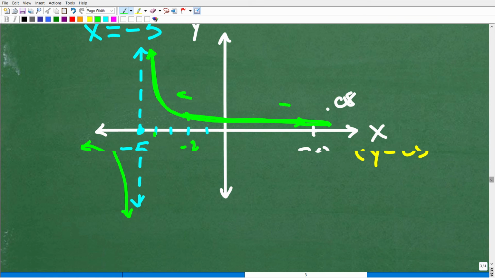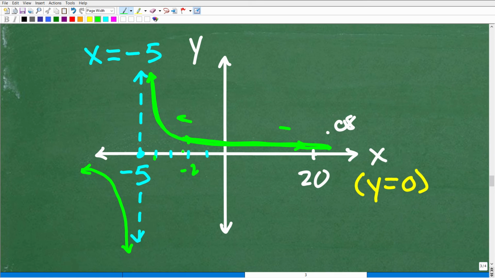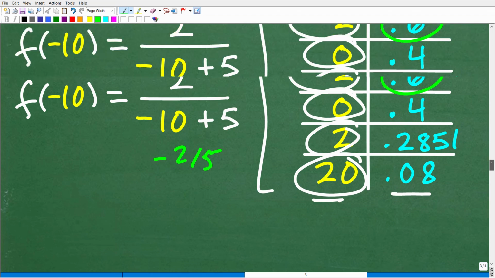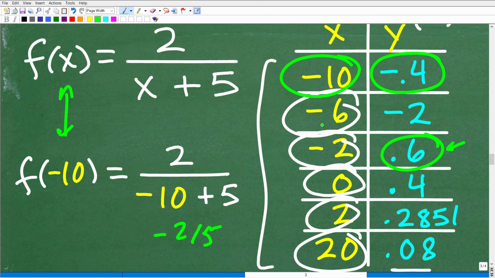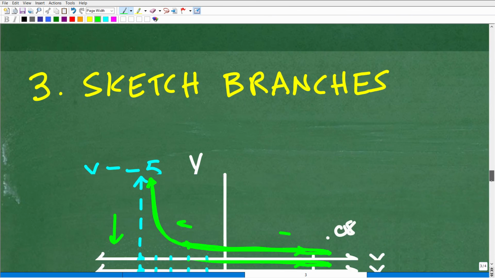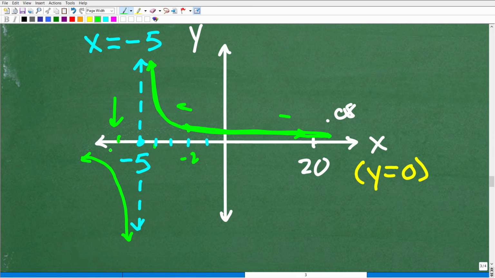All right. Now, again, this right-hand branch is not going to go past -5, because we have this asymptote stopping us. That's why we want to see what's going on over here on the negative side. So when we go to the left of that asymptote, like -6, we have -2, right? So -6, let's go down here. This would be -6 right here. It goes down to -2, so that's down right there, okay?